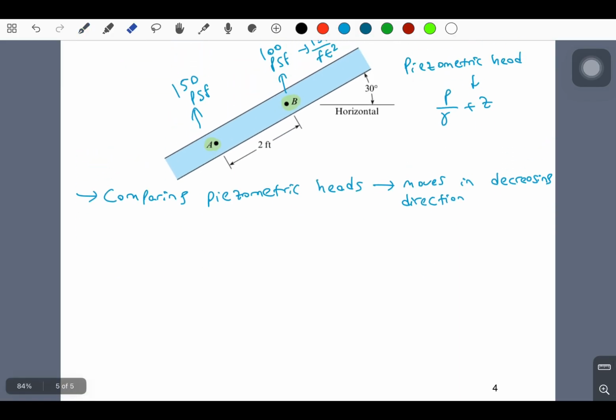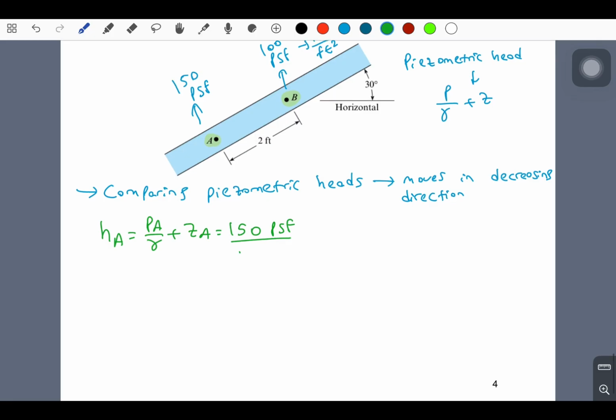So let me write HA, the pressure of A divided by its specific weight plus the elevation. So we have 150 psf and 100 for the specific weight, plus 0.